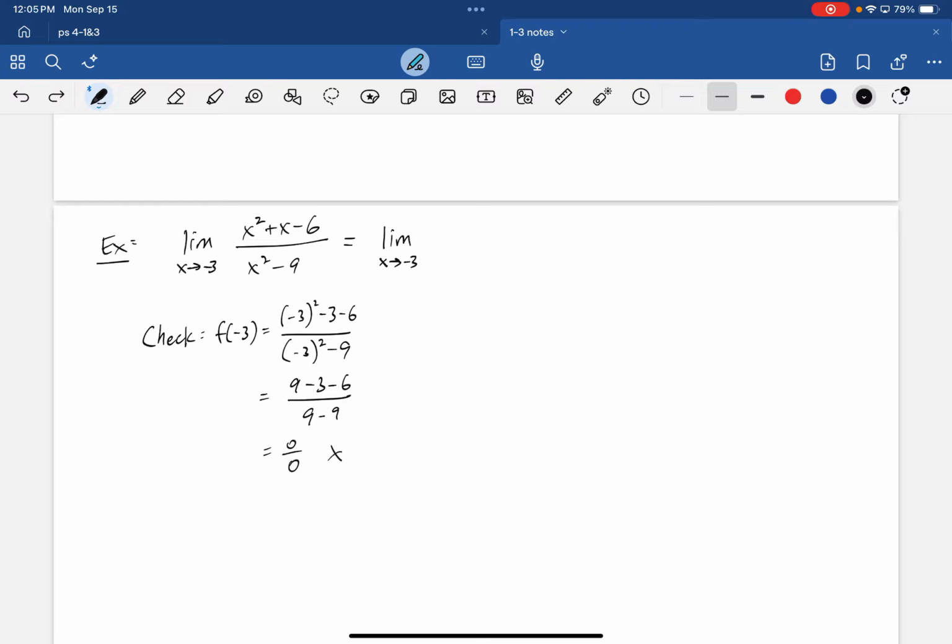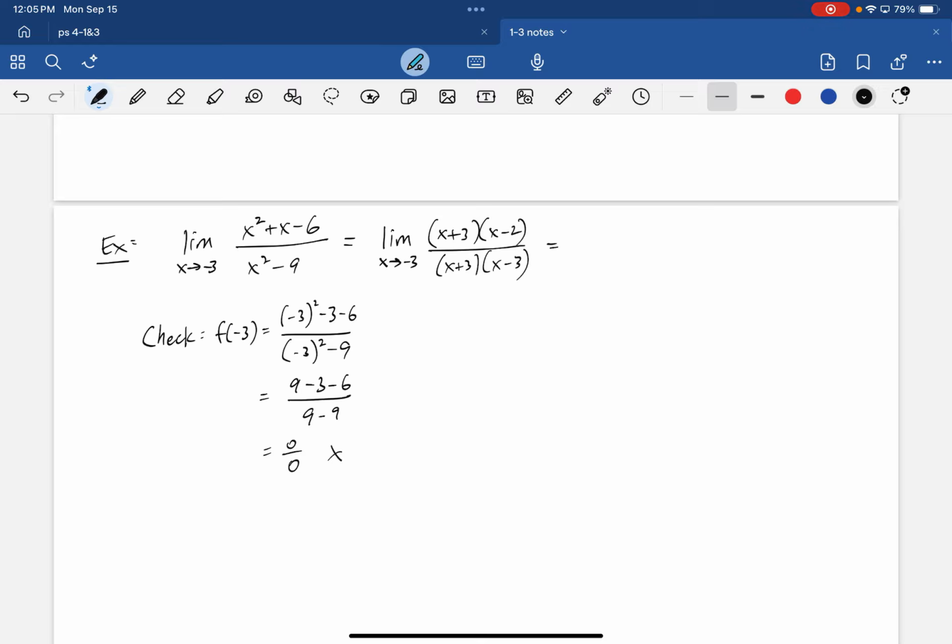So the top is x plus 3, x minus 2. And the bottom is x minus 3, x plus 3. Okay, very good, thank you. The top is x plus 3 times x minus 2, and then the bottom is x plus 3 times x minus 3. Okay, hopefully we all got that. If you didn't, I forgive you.